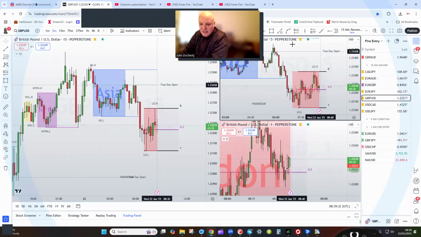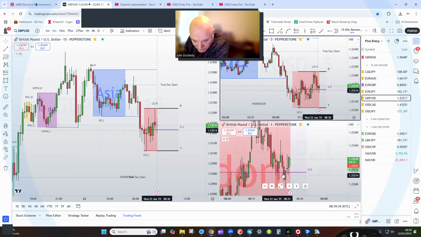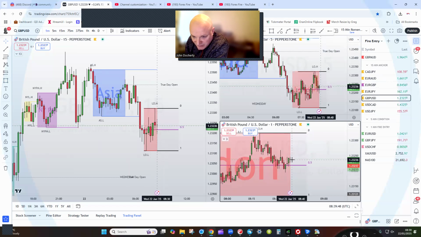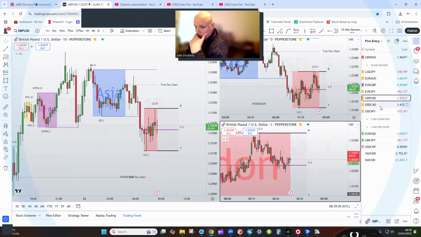So I'm not 100% liking it, but again, we've had the touch into here. We've had the bearish candle, but it wasn't a bullish engulfing. Bearish and bearish, no bullish engulfing. We are waiting on the GU to give us the bearish and then a bullish engulfing.